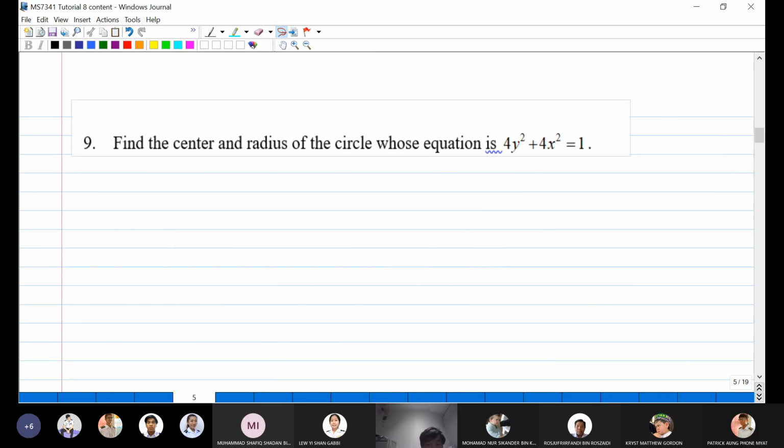I want to find the center and radius of a circle. So you have an equation now. The equation of a circle looks like x squared plus y squared equals r squared, right? Standard equation of circle.